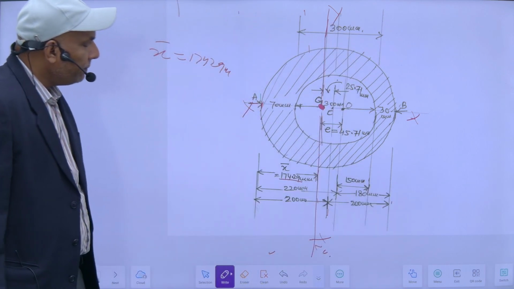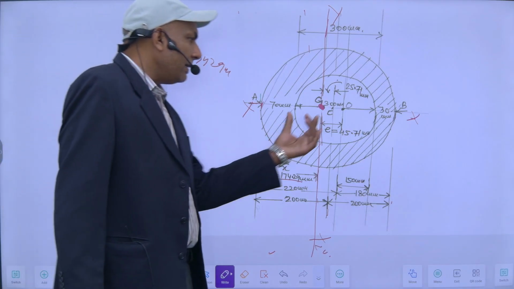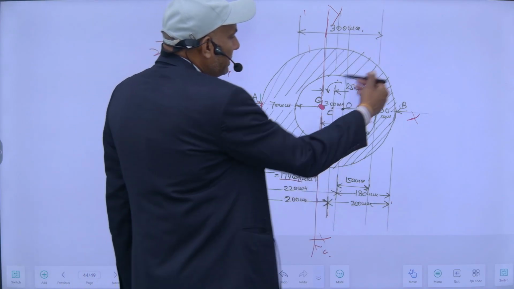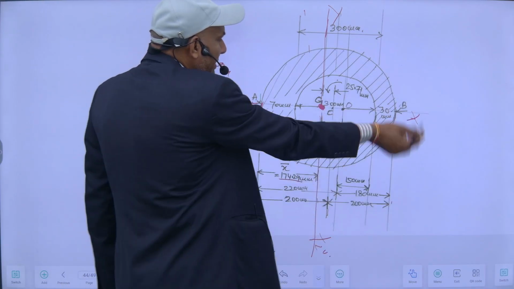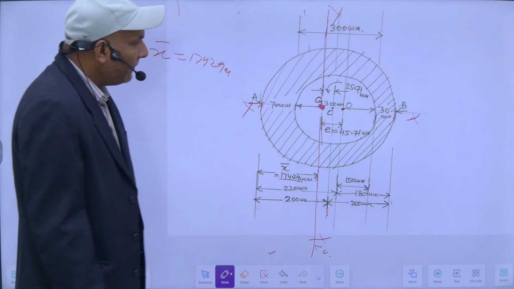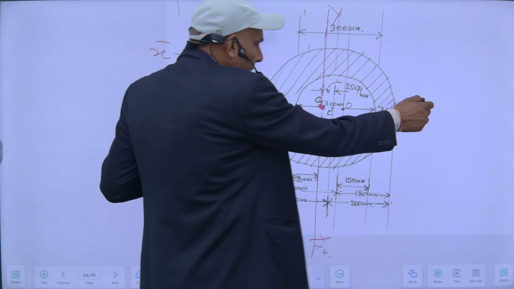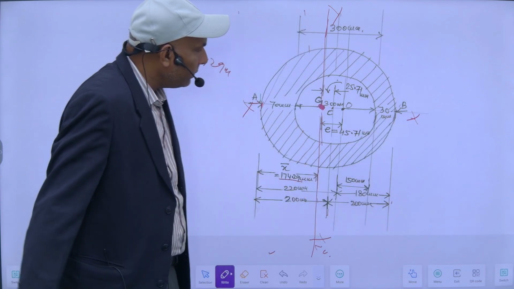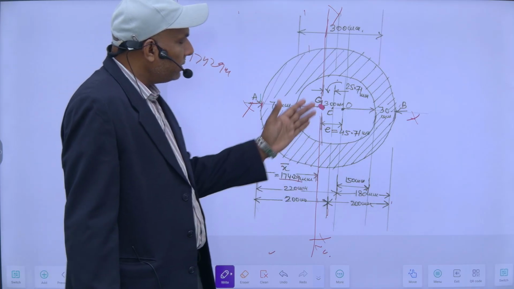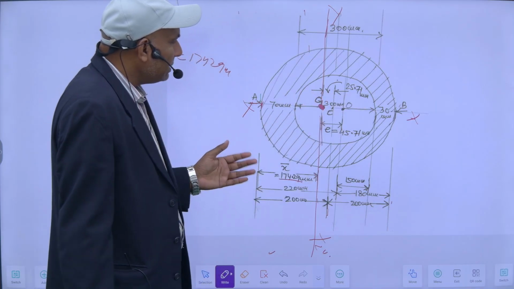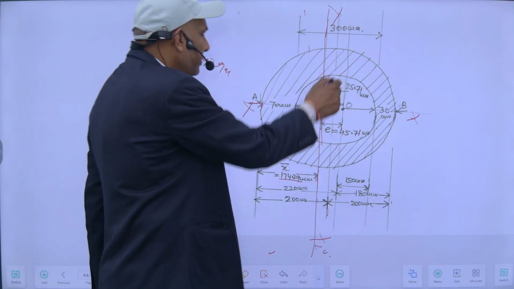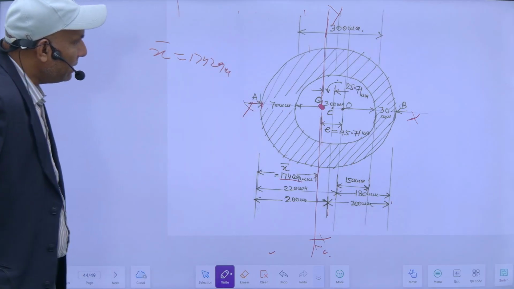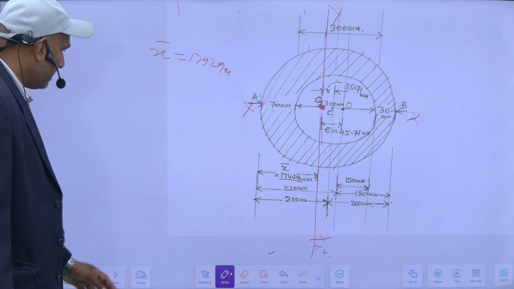So obviously due to unsymmetrical there will be eccentricity, and due to eccentricity additional stresses will be developed, additional compressive, additional tensile. So I will not consider my moment of inertia about this x axis, I will consider about this y axis only, because my bending will be about this axis only. About x axis no bending will be there, it is symmetrical. So its moment of inertia about this y axis, that I will calculate.